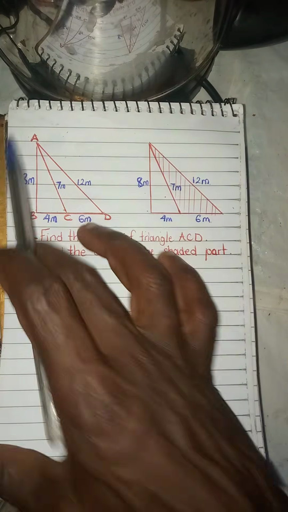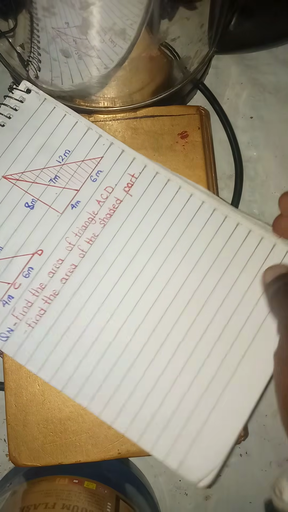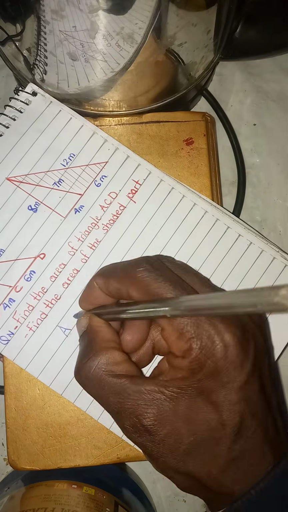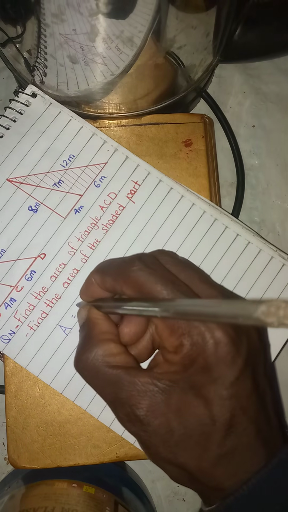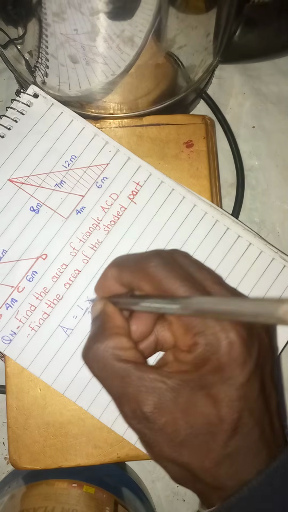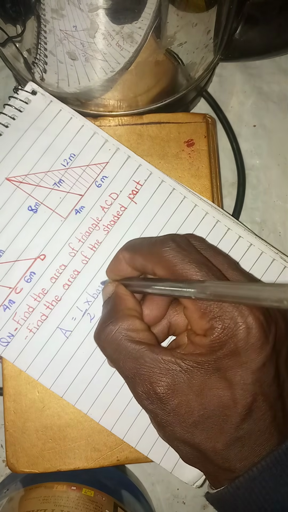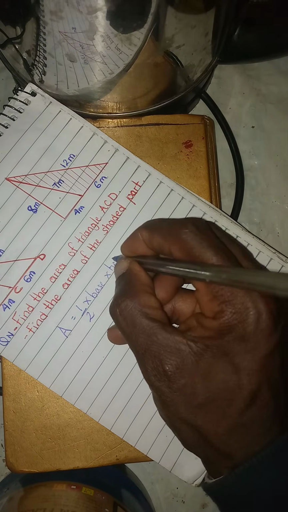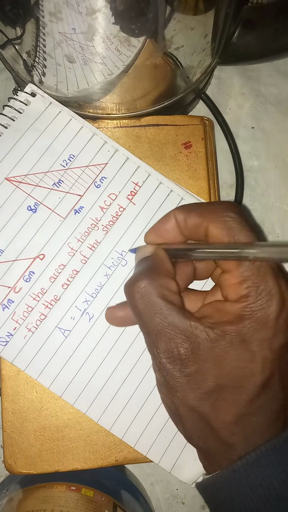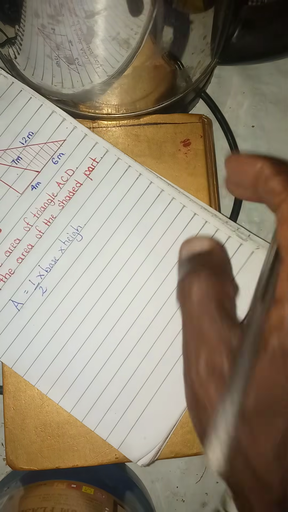Now you know that the area of a triangle is equal to a half times base times height. I hope we all know that one.